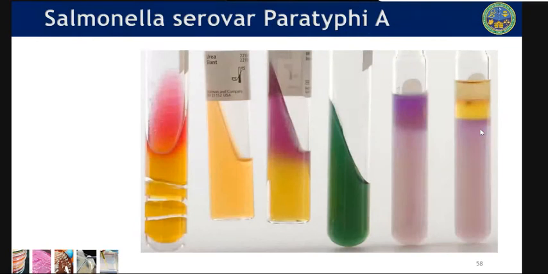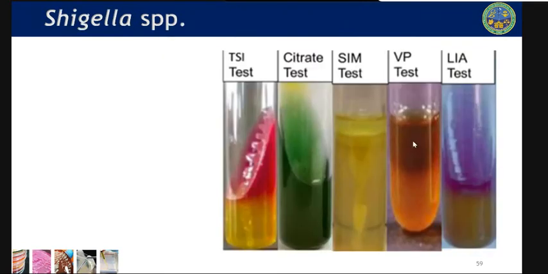So for paratyphi A, you have K over A, gas positive, urea negative. For LIA, you have K over A. You have citrate negative, indole negative for MIO, and you have motility positive as well. Now for Shigella, you have K over A, citrate negative, motility negative, indole negative, and H2S negative.